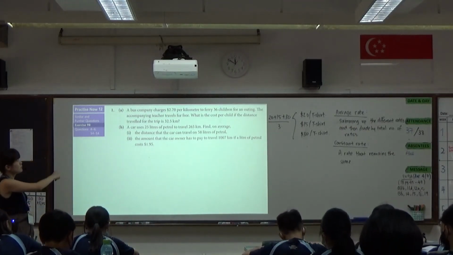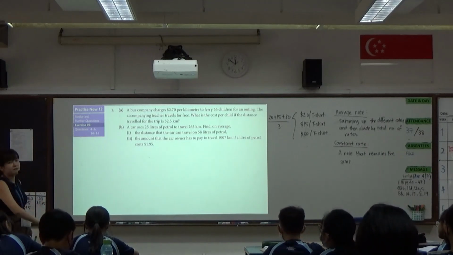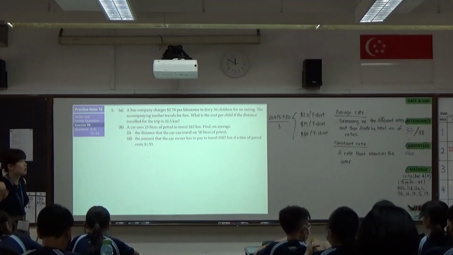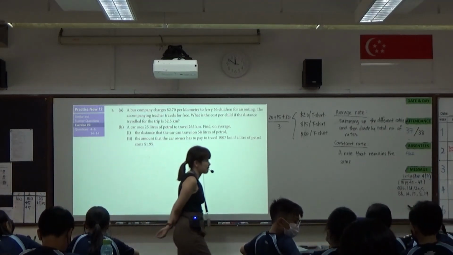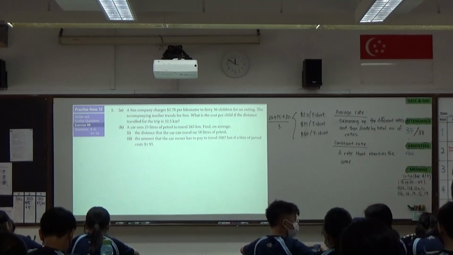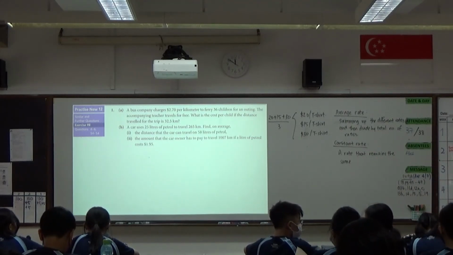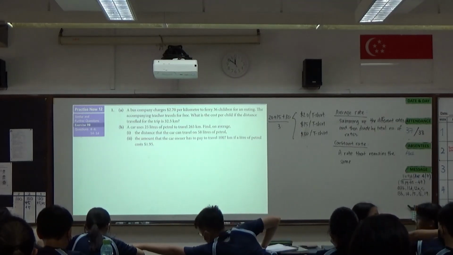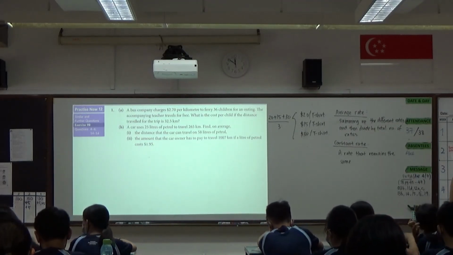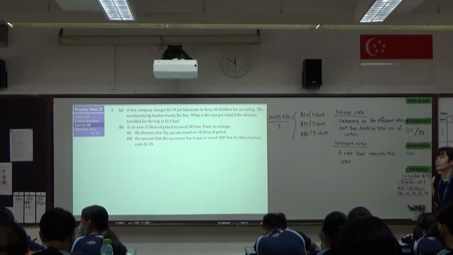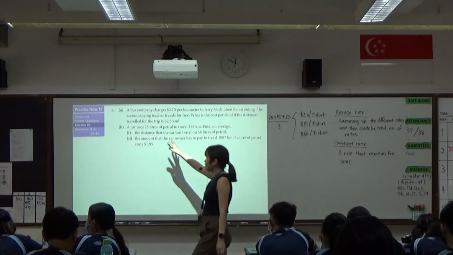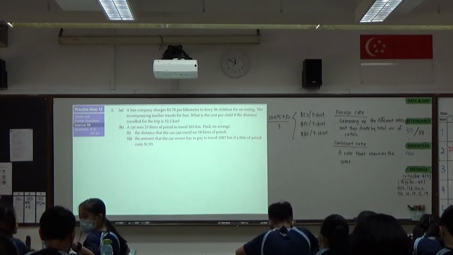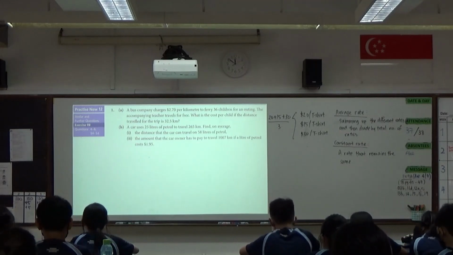Now let's look at practice now 12. In question 1A, it says that a bus company charges $2.70 per kilometer to ferry 36 children for an outing.